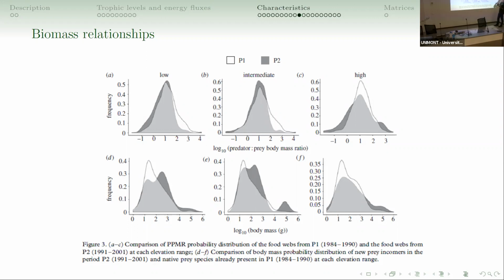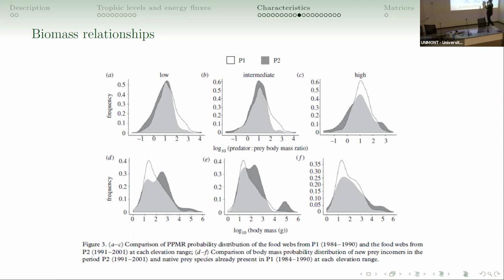Okay. So you see here, for 2 periods, these were 2 10-year periods. Period 1, which is the light color, is from 1980 to 1990, and period 2 is from 1990 to 2000.